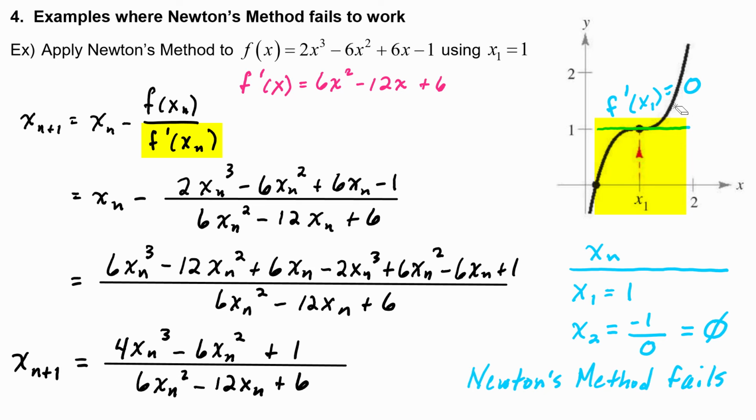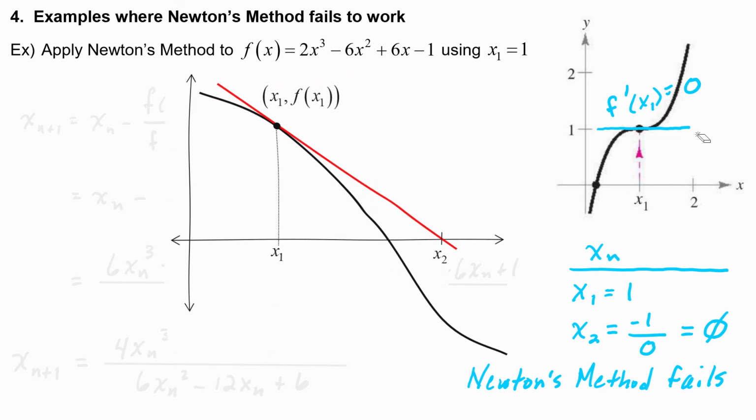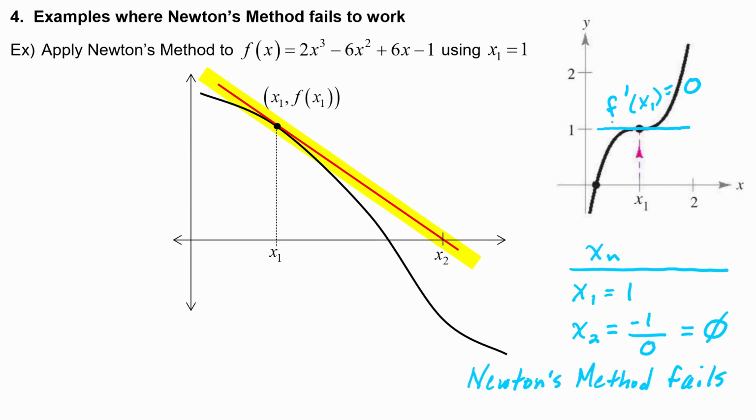Because we get a 0, which will go in this denominator, we are unable to evaluate the xn. So this tangent line won't help us find the root, because remember, in Newton's method, we need the tangent line to intersect the x-axis somewhere, but a tangent line whose slope is 0 will never cross the x-axis. So physically, that's why Newton's method fails here.